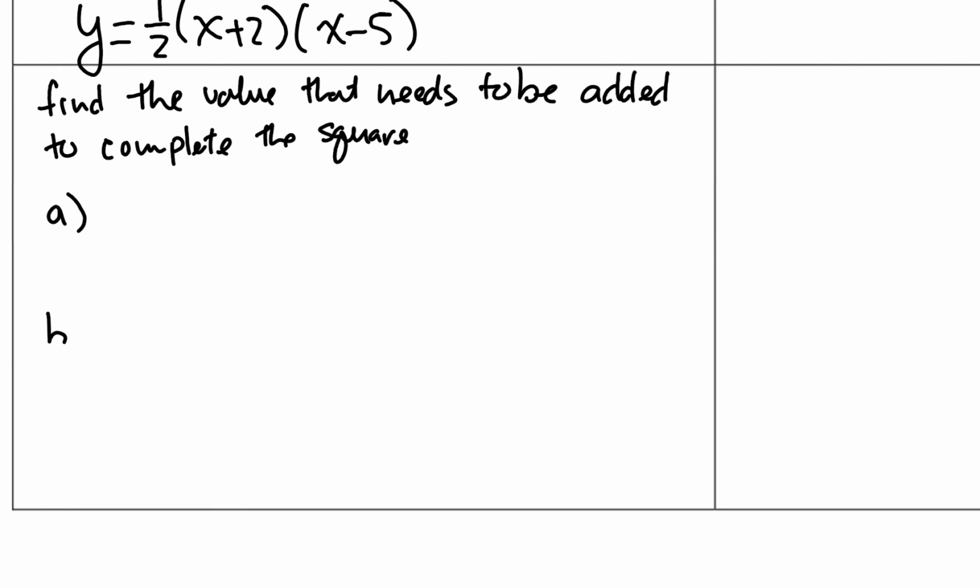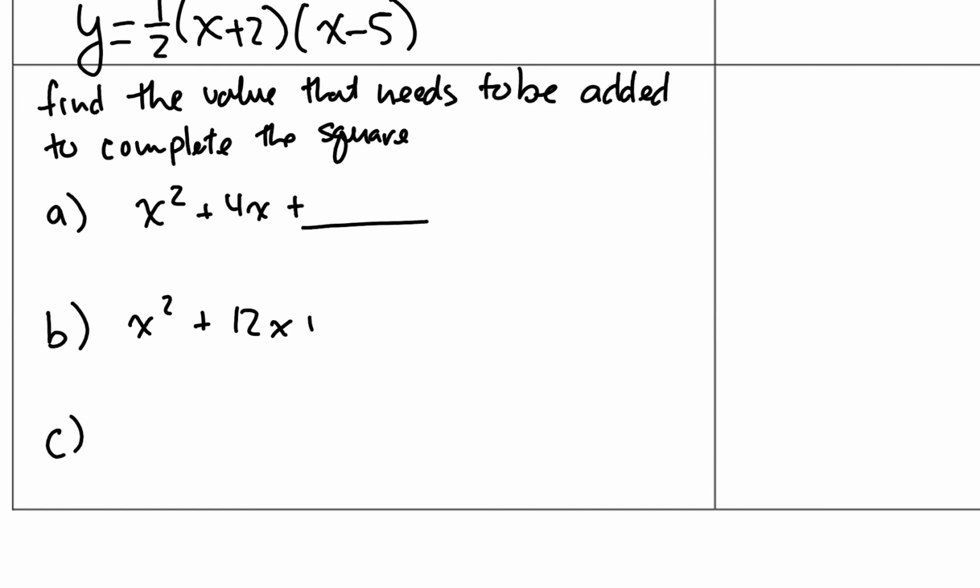I'm going to do 3 examples, A, B, C, and then I'm going to give you 3 to do. So A is going to be x squared plus 4x plus something. B will be x squared plus 12x plus something. And the last one will be x squared plus 7x plus something.